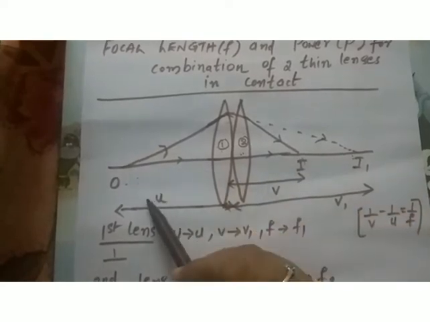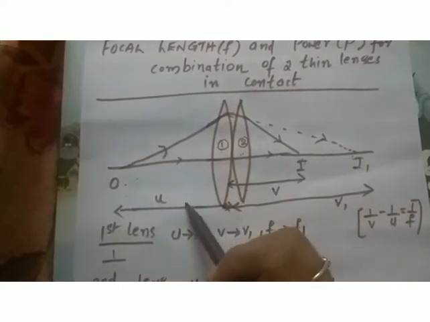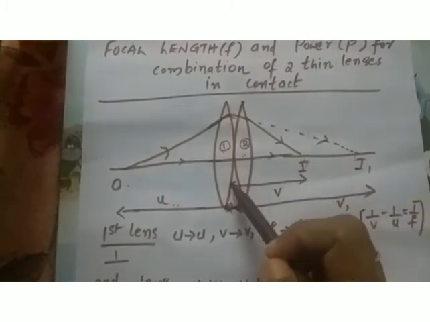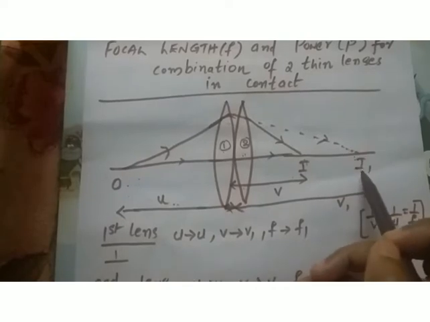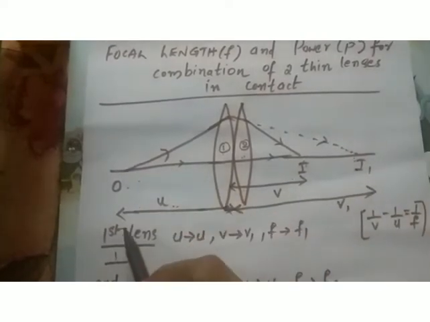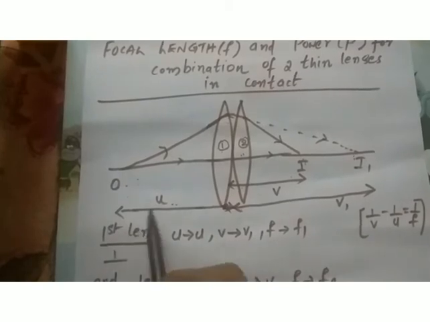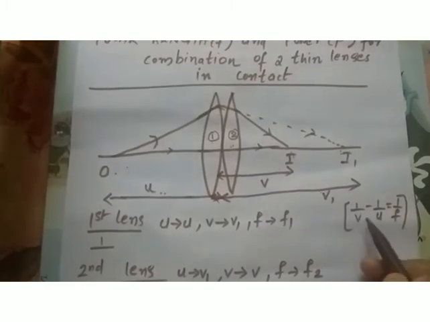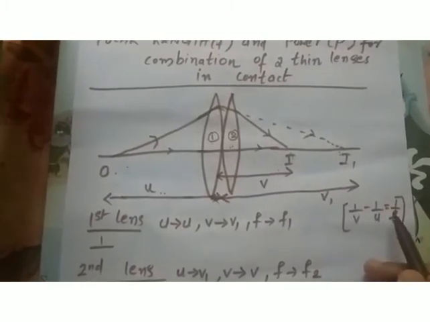Then the distance between the object and this combination will be u. The distance between the image and this combination is v, and the distance between image I1 and the combination is v1. Since it is a thin lens, here we can use the thin lens formula. And which is our thin lens formula? 1 by v minus 1 by u is equal to 1 by f.